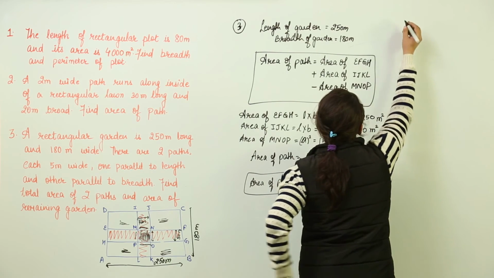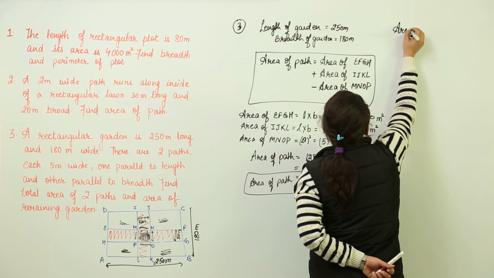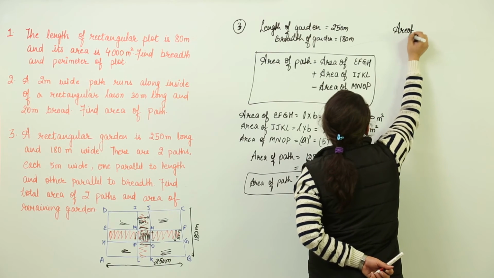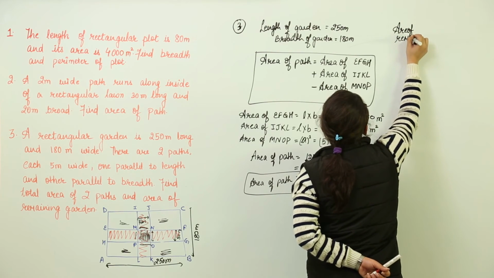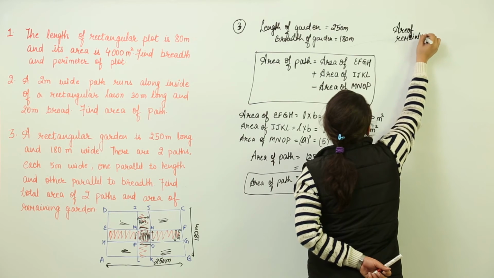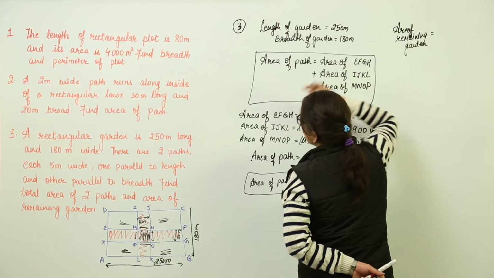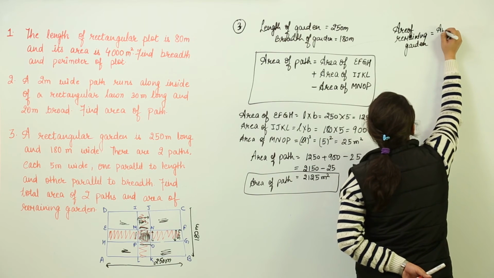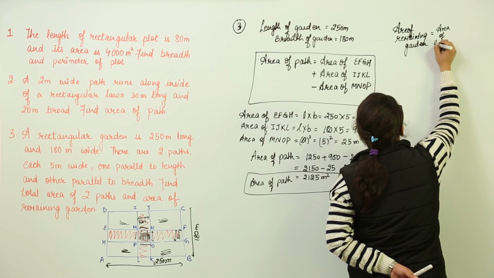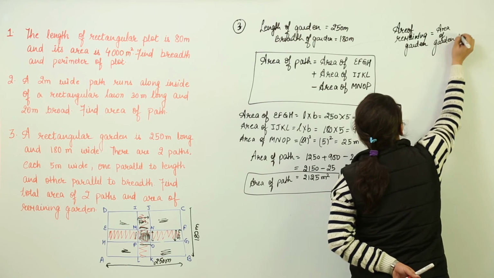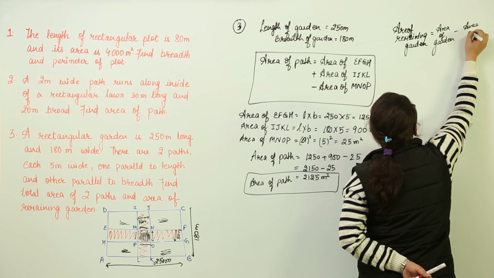We can do it here. The area of remaining garden, you can write, would be equal to what? The area of garden, at first you write area of garden minus the area of path.